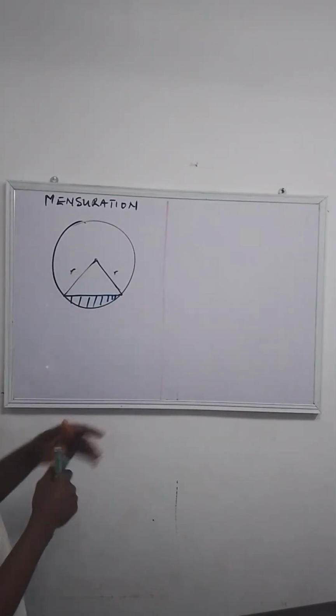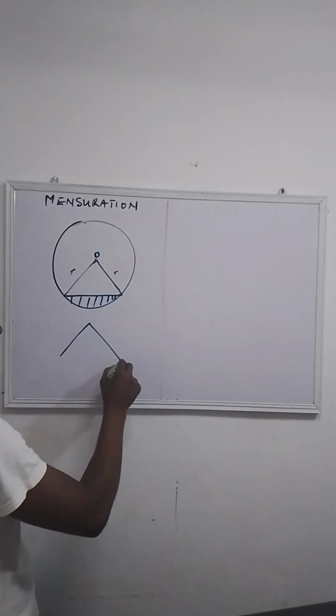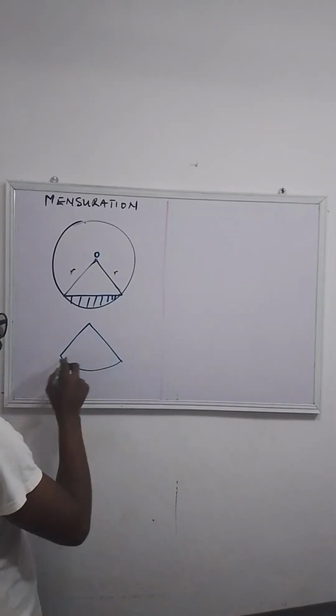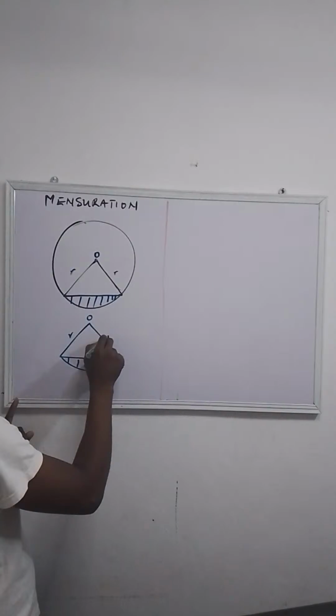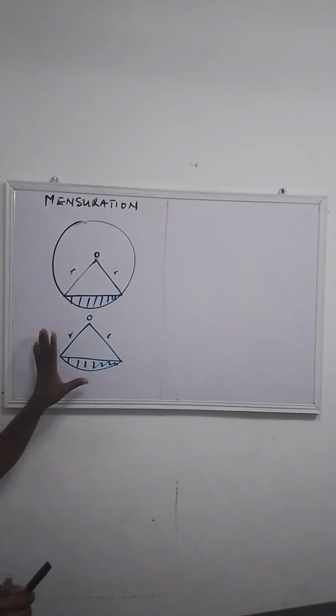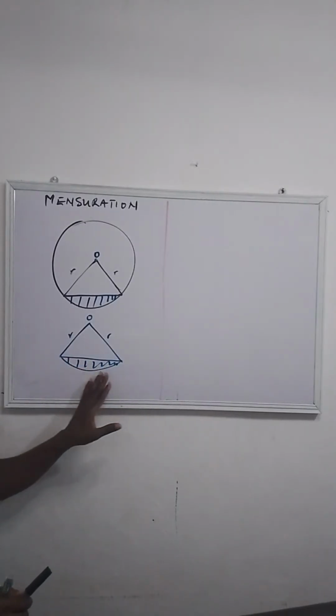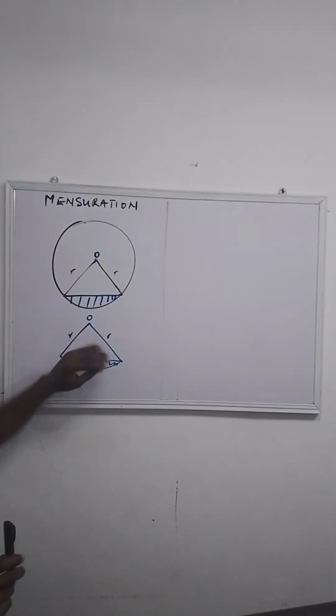Now, let me bring out this sector. So this is the center of the circle, this radius 1 and 2. Now, if I want to get the area of this segment, what I just need to do is that out of this sector, take away this triangle.